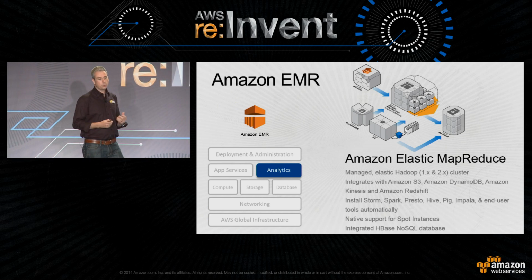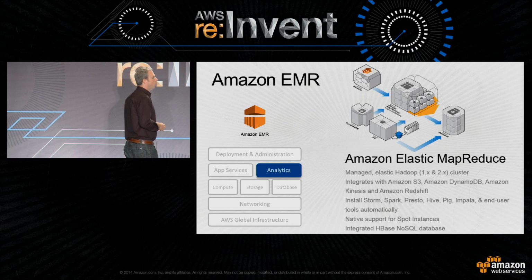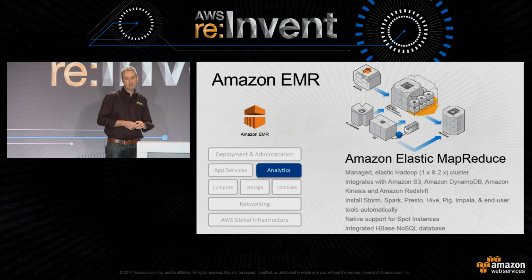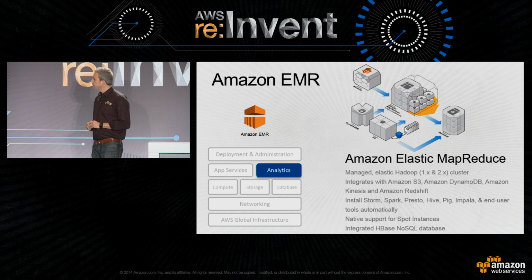To start with, it's worth recapping what Elastic MapReduce is and what people use it for.